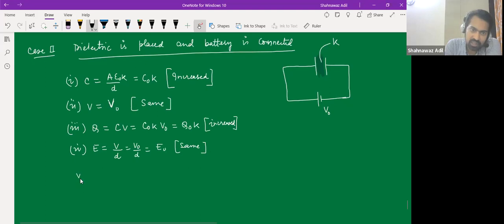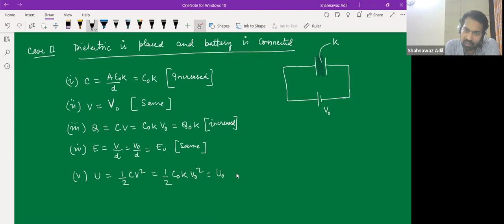The fifth case is energy, which is half CV square. C has become C naught K and this is V naught square. So half C naught V naught square is U naught, times K. So is energy decreased or increased? Increased.